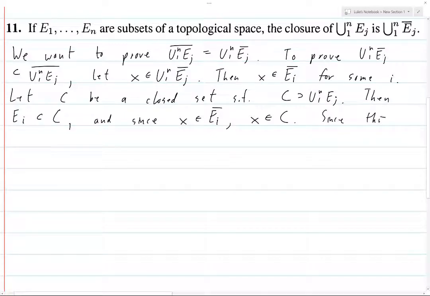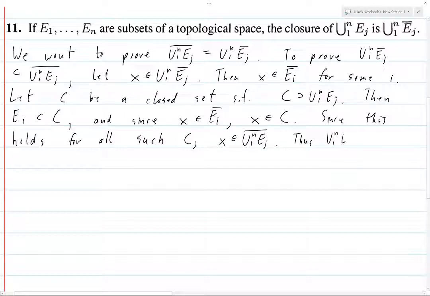Since this holds for all such C, we can conclude that X is in the closure of the unions. And this holds for any X which is in the union of the closures, and thus we can conclude that the union of the closures is contained in the closure of the union.